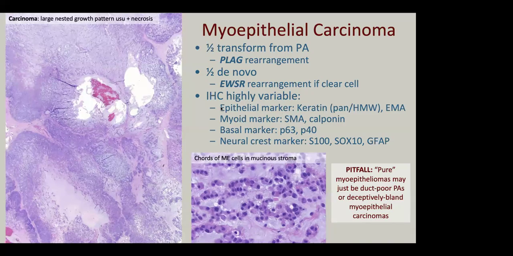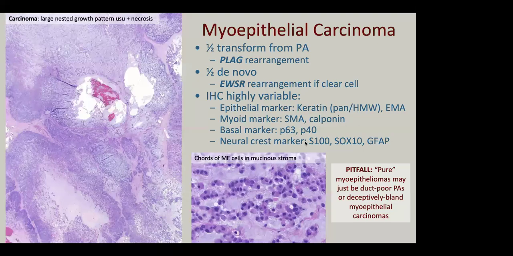For immunoprofile, you need to see a few things. You need to see a presence of an epithelial marker, that's keratin or EMA. And you need to see presence of usually multiple from the following buckets: some kind of myoid marker like SMA, calponin; often, but not always, some kind of basal marker like P63, P40; and usually some kind of neural crest marker like S100, SOX10.